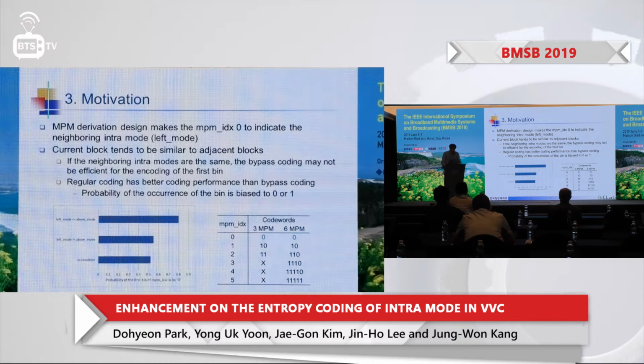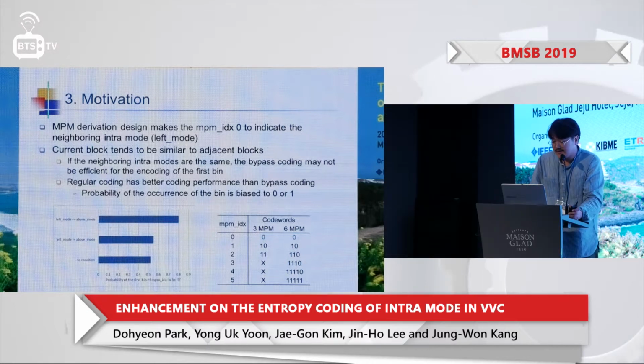So the bypass coding engine is used for the first code of MPM index instead of the regular coding engine. We want to increase the probability that MPM index 0 is chosen. So we analyze the probability of MPM index under various conditions.